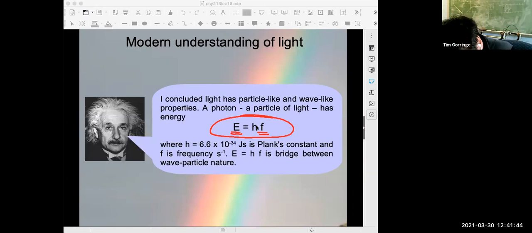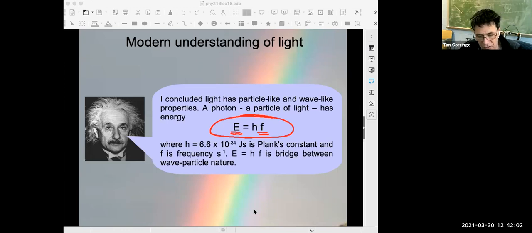And this constant h, between that energy particle-like perspective and that frequency wave-like perspective, is called Planck's constant.